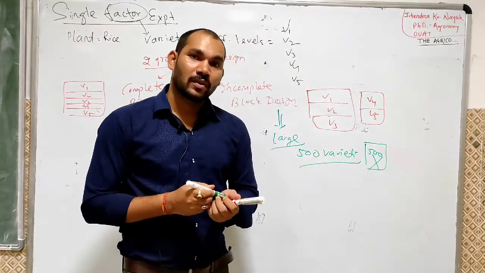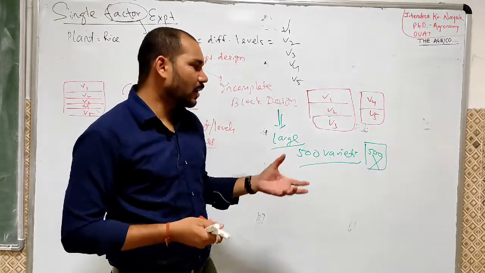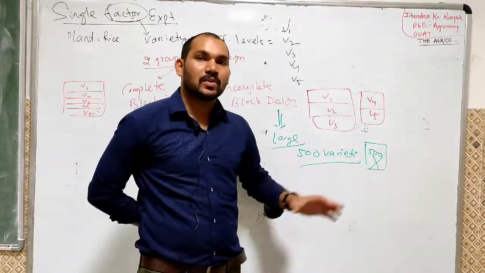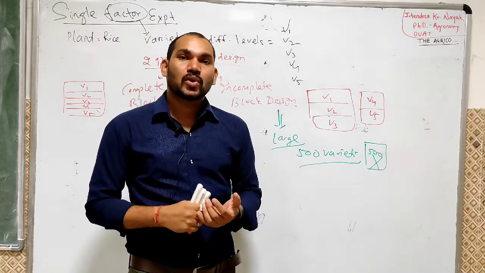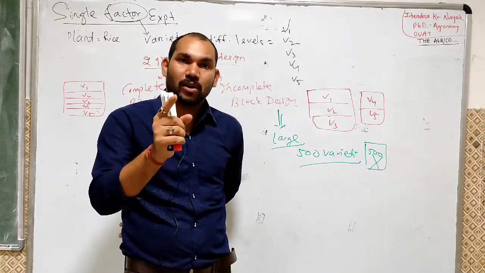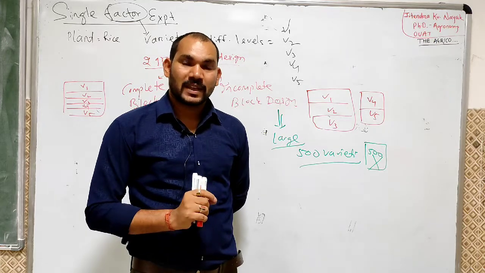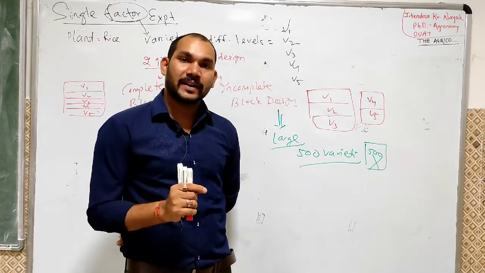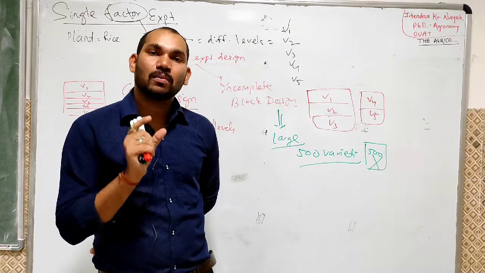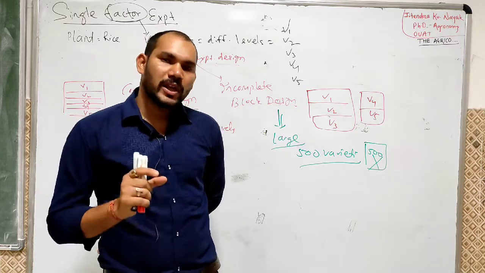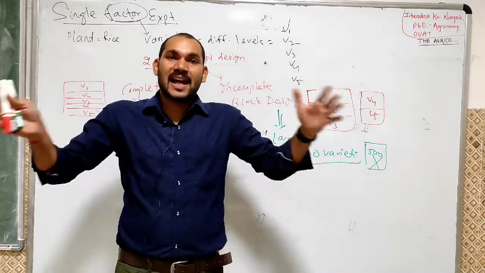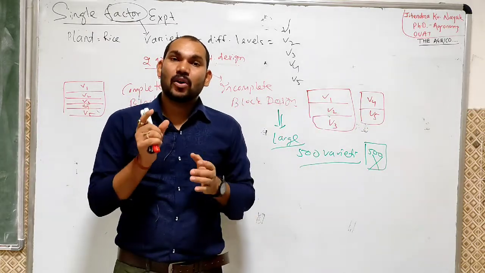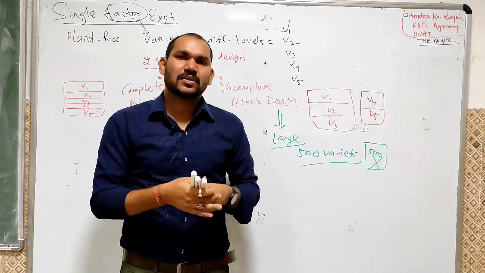Yes or no? If I grow 500 varieties within a field, it is very difficult to maintain the homogeneity within the block. I have told you that in an experiment, I have to maintain the homogeneity within the block. If the experimental unit size is large, then obviously the homogeneity will decrease.